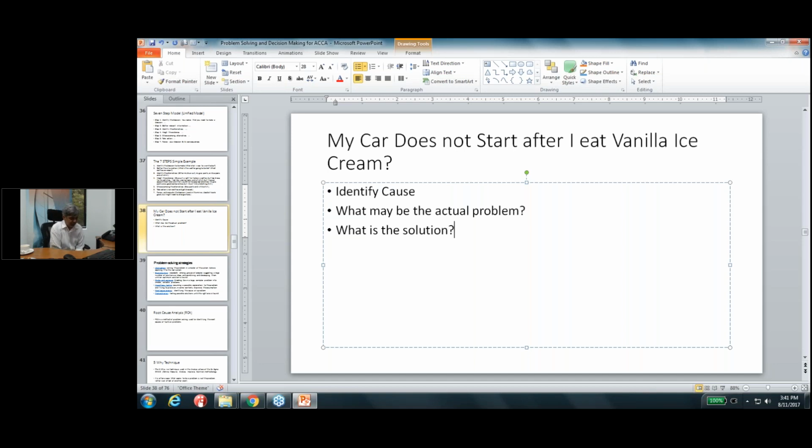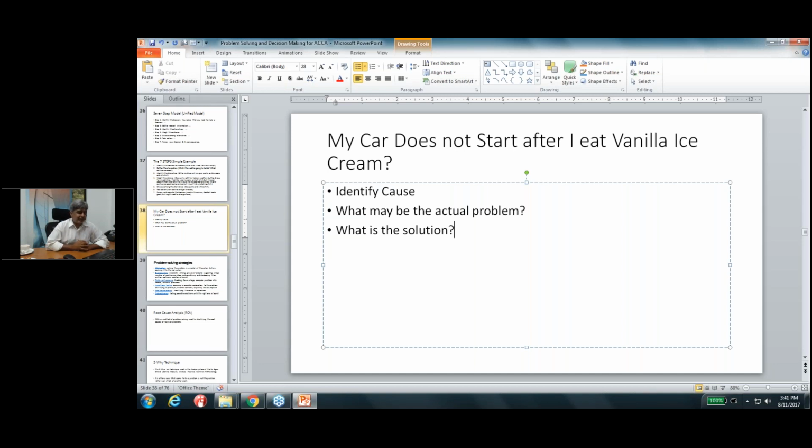But before that, a few of the responses that were just made. One thing is for sure: vanilla ice cream has nothing to do with the car not starting, right?